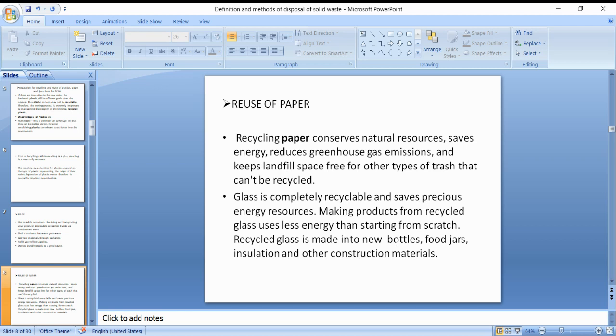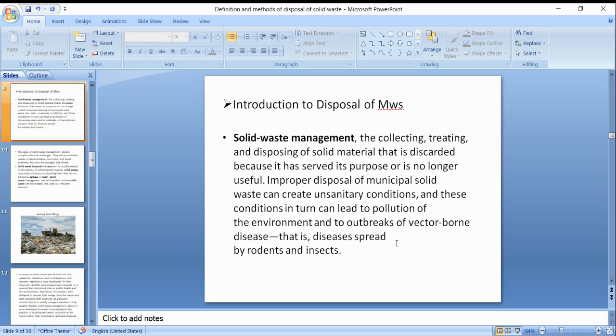If there are colored glasses, they will be separated, and that can be used for new bottles and also food jars. Instead of plastic, we can use glass because less temperature is required for glass and it will not pollute as much.